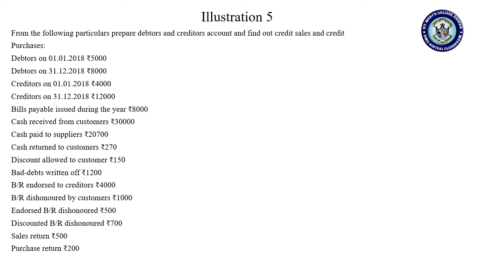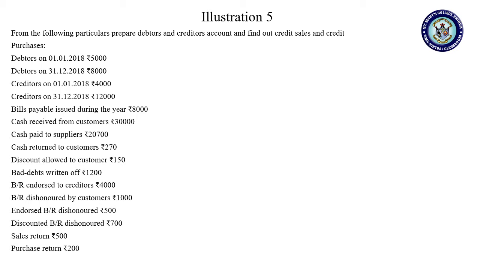So creditor is the person from whom you purchase the goods. If you purchase goods on credit basis, not on cash basis, then that person will be the creditor. If you sell the goods on credit basis, then that person will be the debtor.